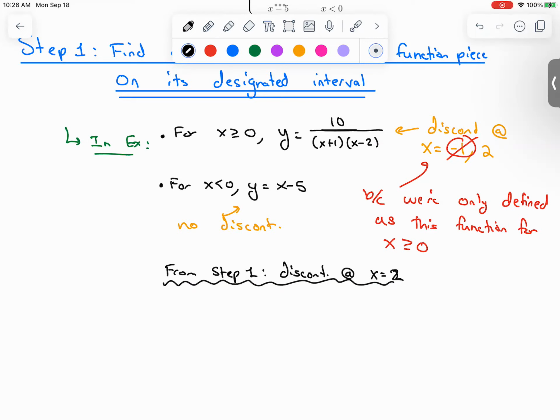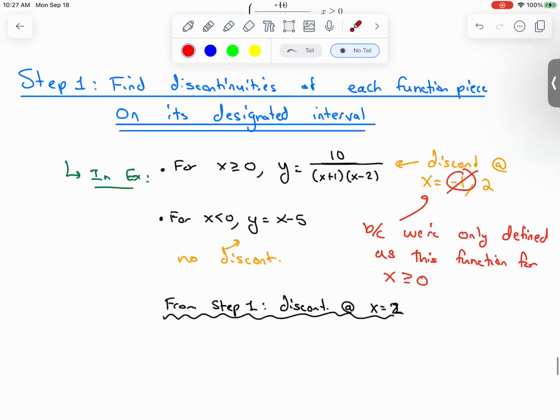Yes. So it was only a problem for the top function. Yes, x equals -1 is in the second piece's domain, but the second piece doesn't have a problem at -1, so we don't need to worry about it.